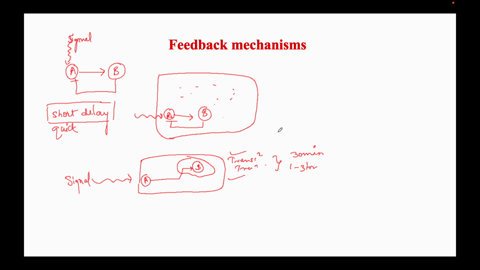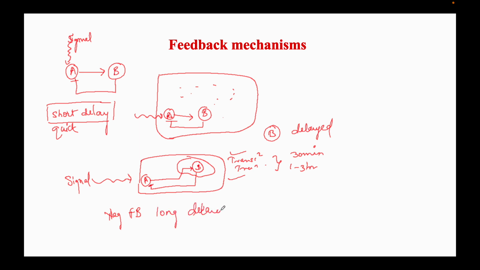So this B is delayed in its inhibition to A. Okay, so the inhibition which is provided from B is delayed by various processes. This is a general example. So this type of negative feedback is long delay.